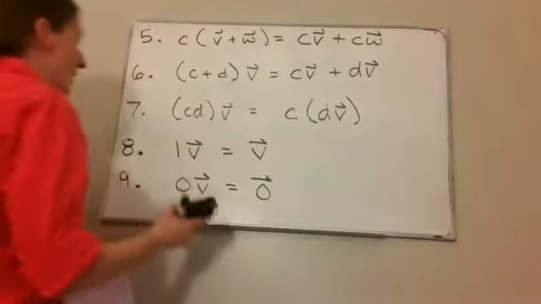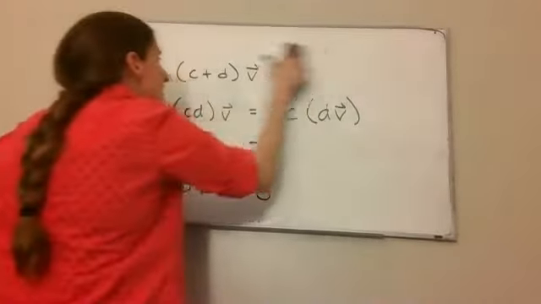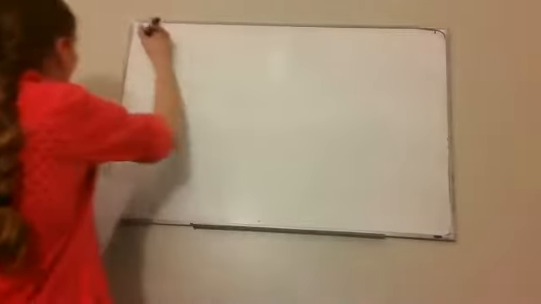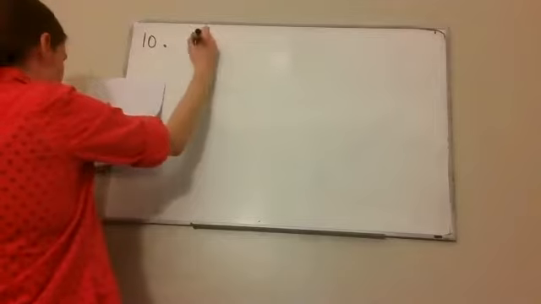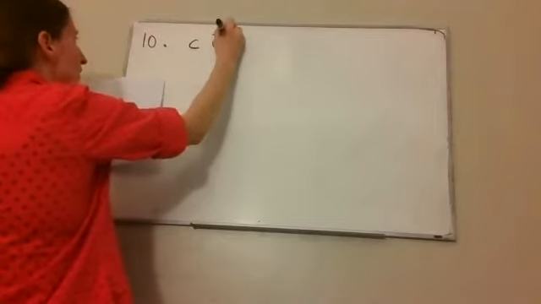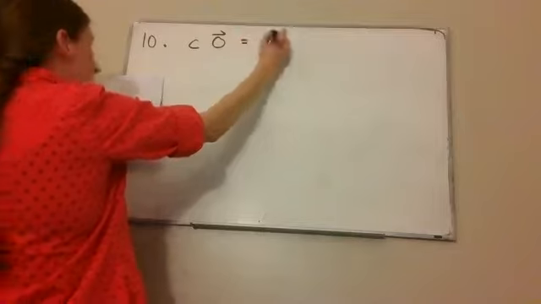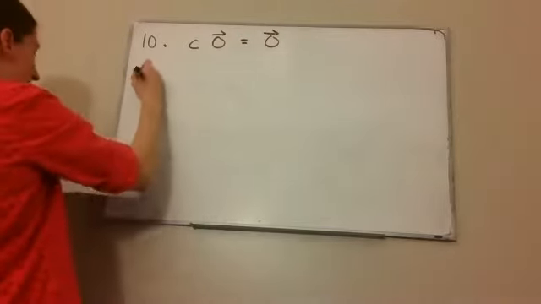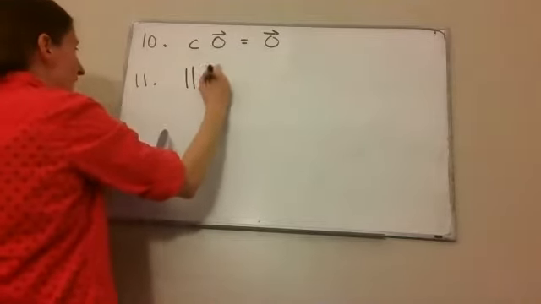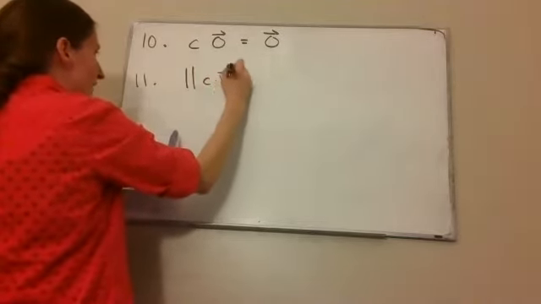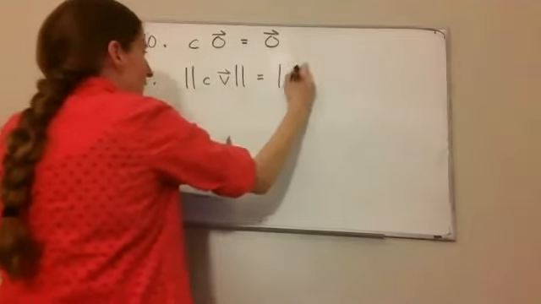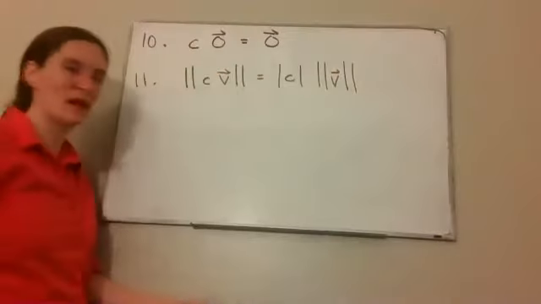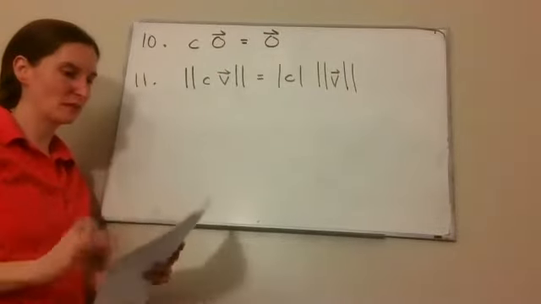And just 2 more properties. A scalar times the 0 vector is equal to the 0 vector. And lastly, the magnitude of C times vector V is the absolute value of C times the magnitude of V, which we already knew from earlier.